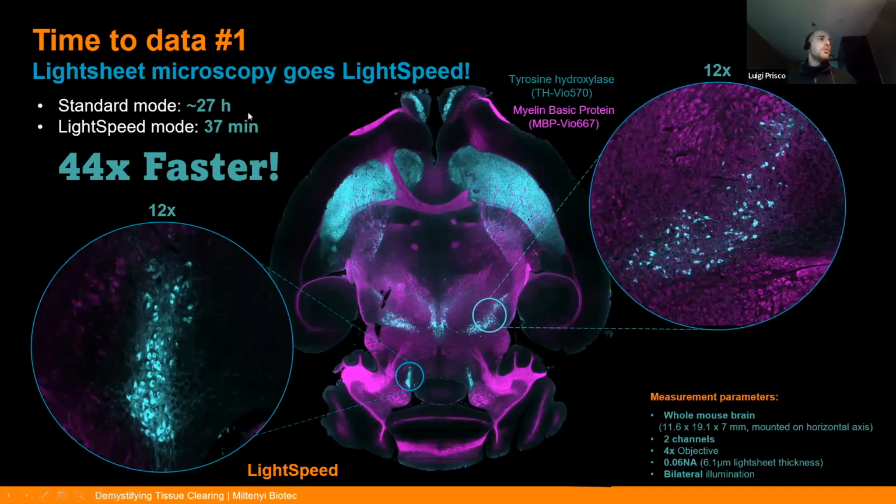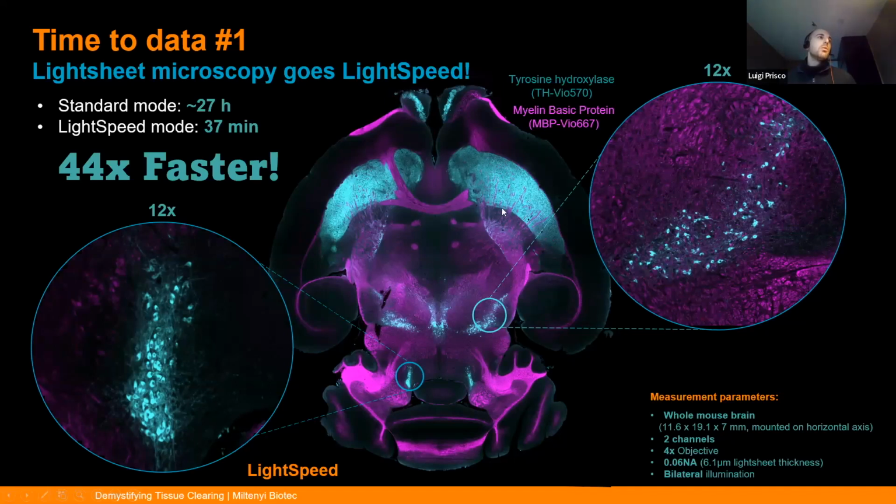Just an example here for the imaging of a whole mouse brain, cleared obviously, 2 channels, it would have taken 27 hours with the previous modality. So not the fastest, but on the other hand, you get a really good resolution out of it. With the new light speed mode, it would only take 37 minutes to get the whole brain, still 2 channels. And if you want to look at the quality, this is also not affected at all. So there's really just the advantage of being faster.